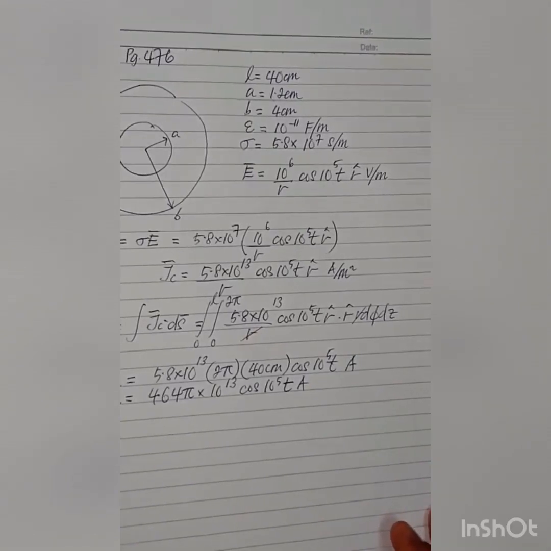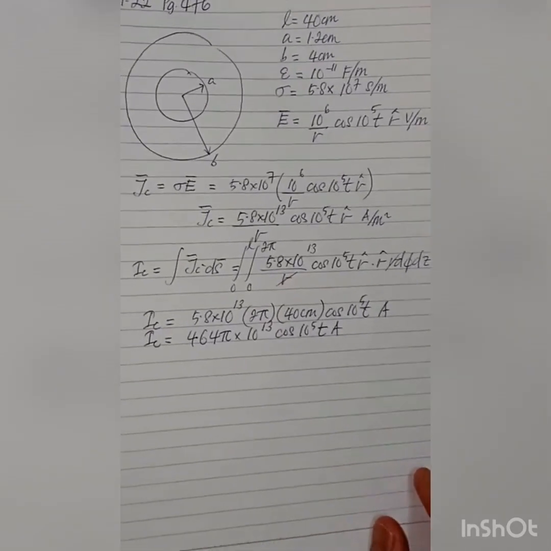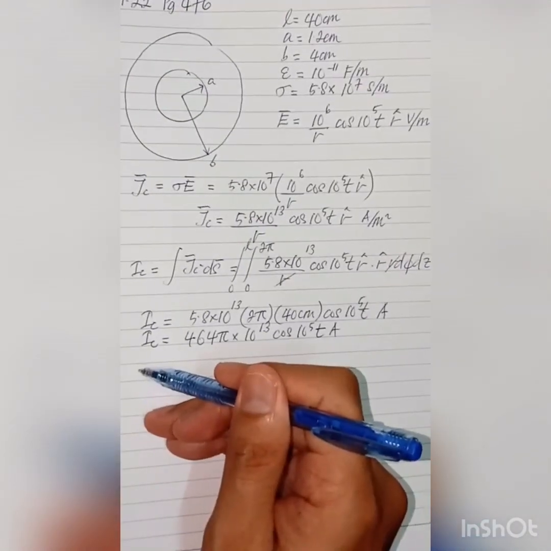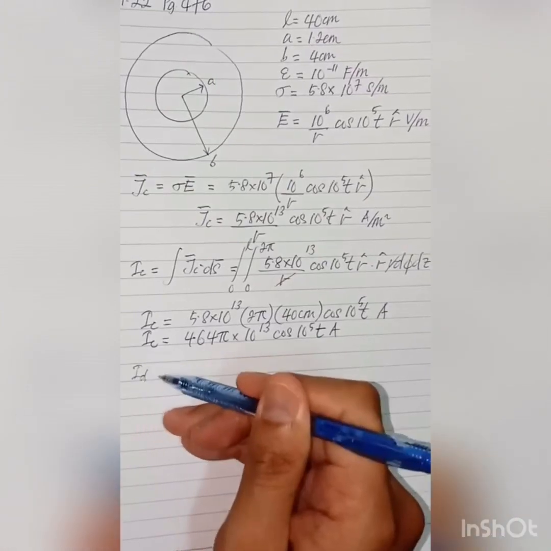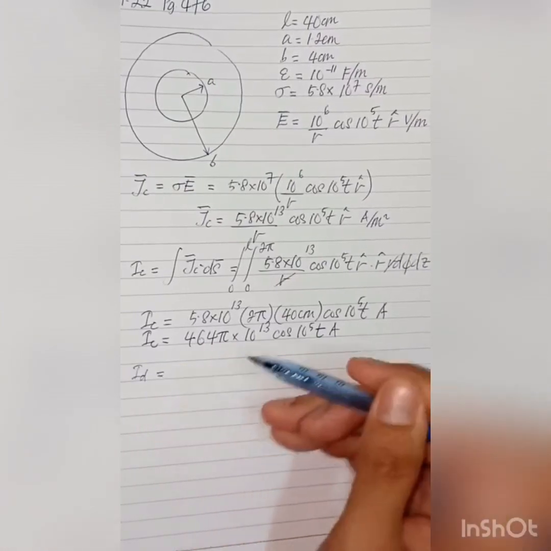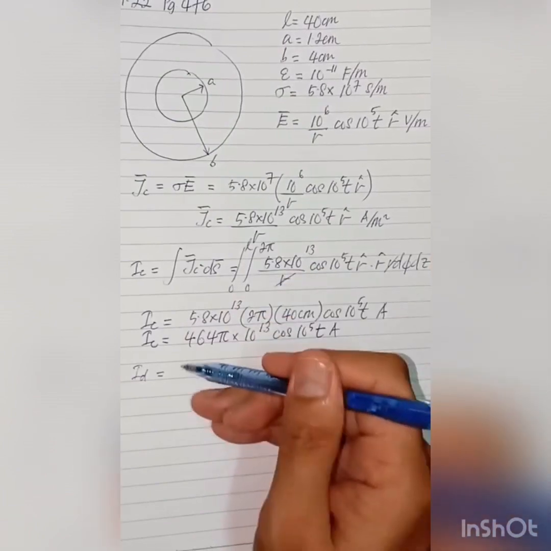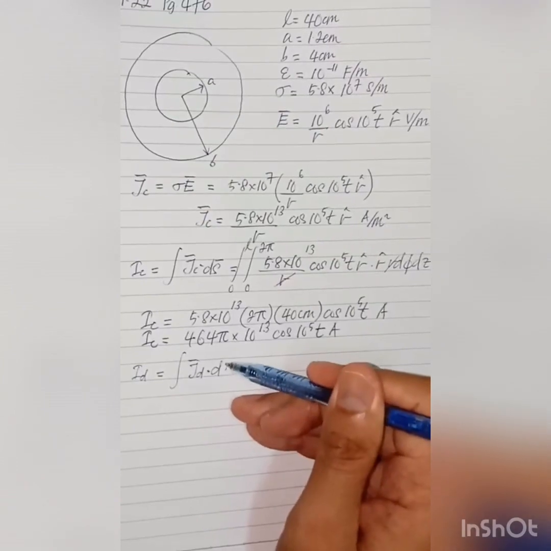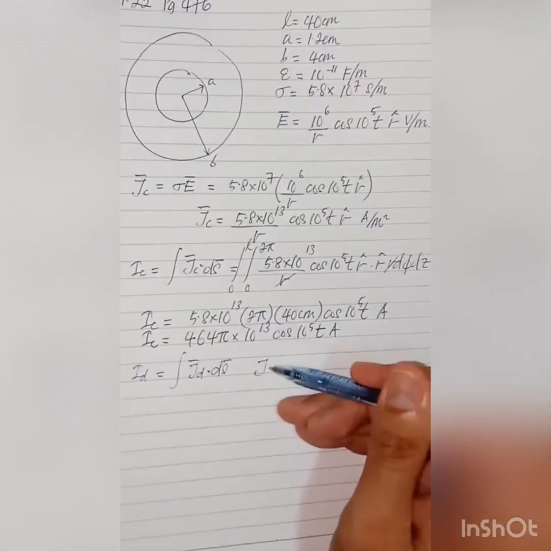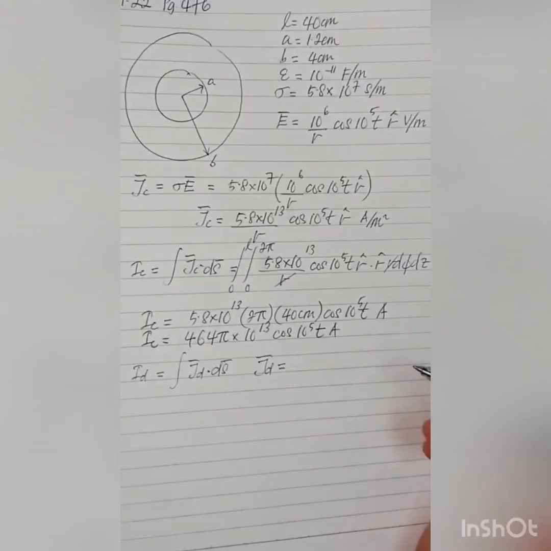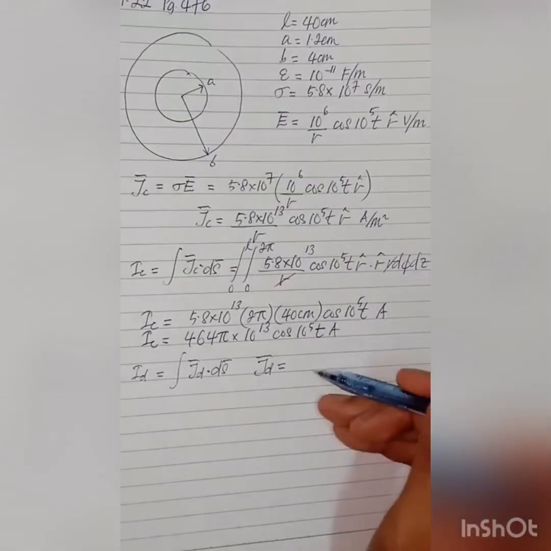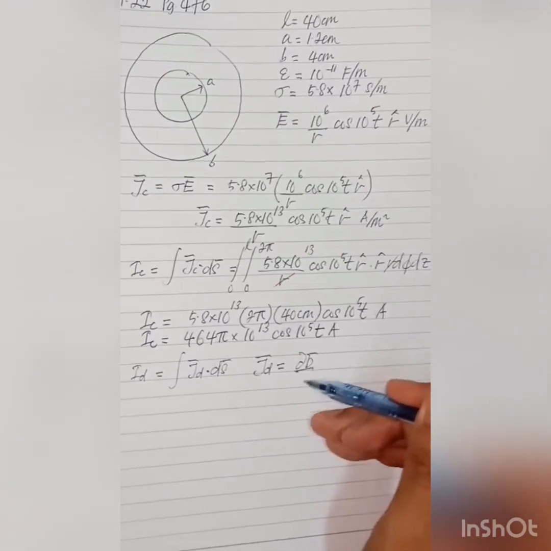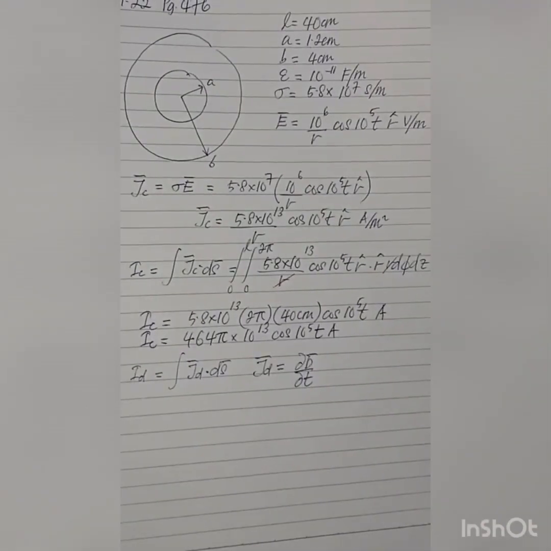And then lastly, we are going to calculate the displacement current. So we know that the ID, displacement current, can be obtained using the same step as shown previously, which is integrate the JD dot dS, whereby guys the JD here, our displacement current density, can be obtained using this step, which is dD over dt.